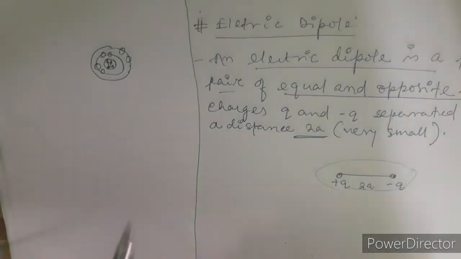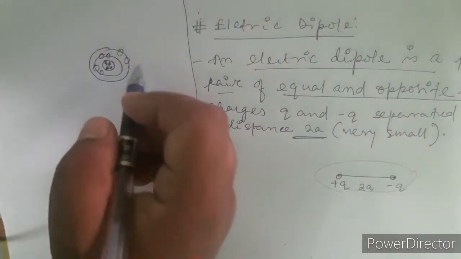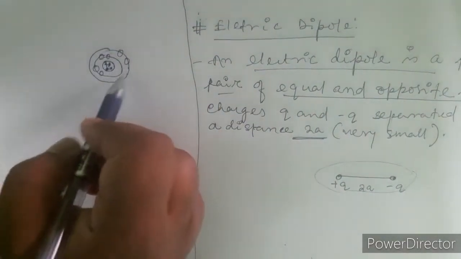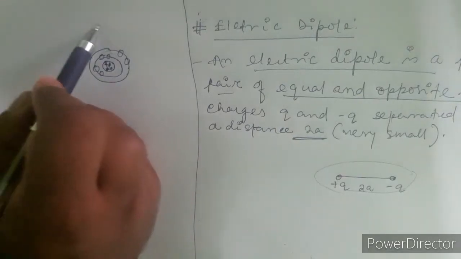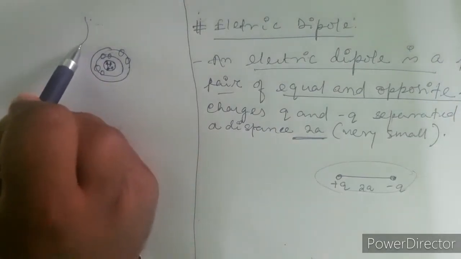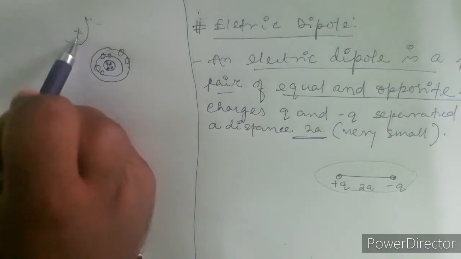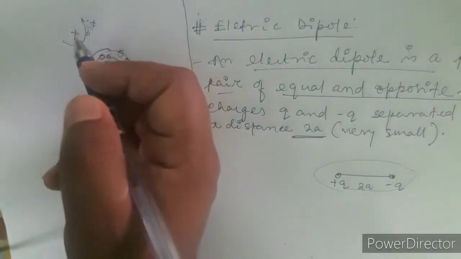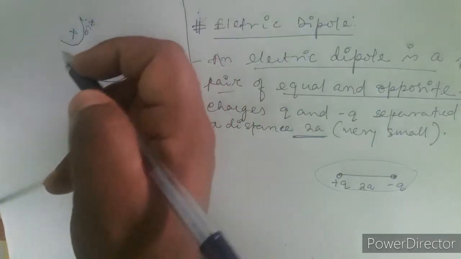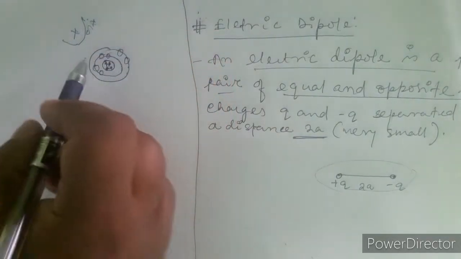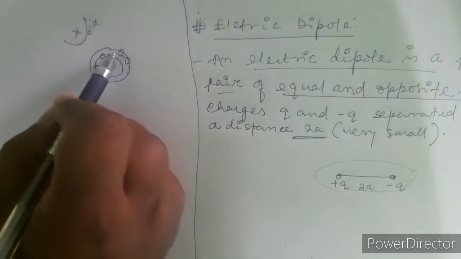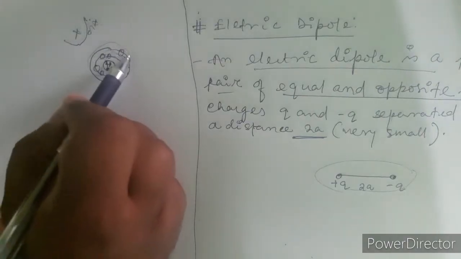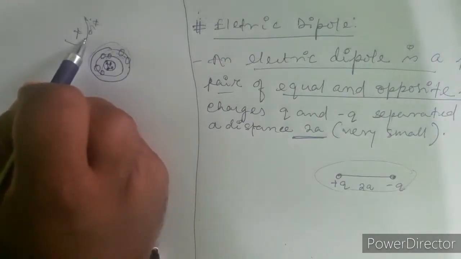Now, if near the atom some positive charge cloud is present, say the positive side, or delta plus, of another atom or molecule, then what will happen? All the electrons will be attracted towards this positive charge cloud.